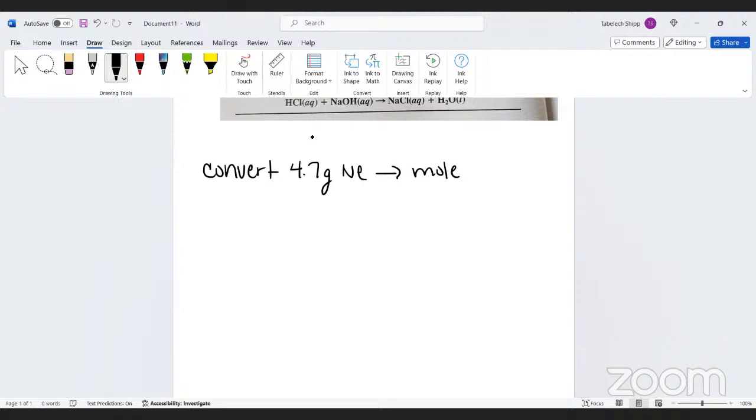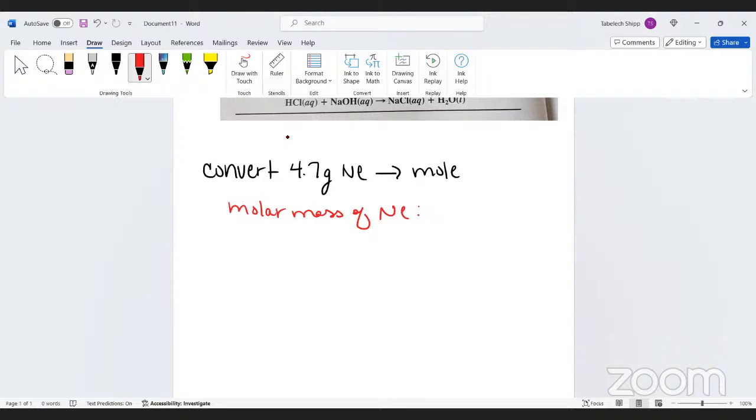Here's what you have to do. You have to find the molar mass of neon, which if we look at our periodic table, make sure you have that as well. Yes, the molar mass of neon.